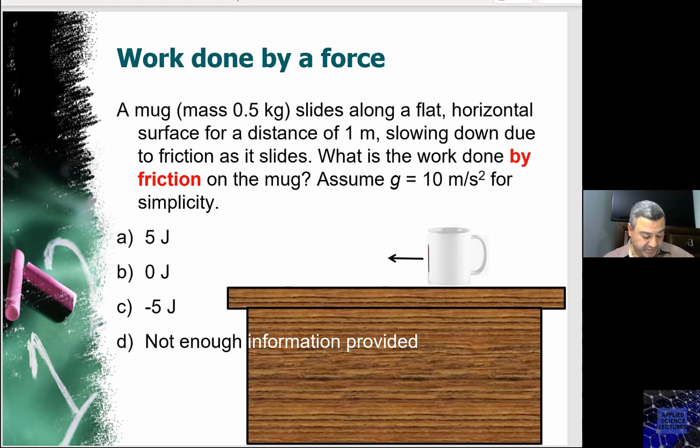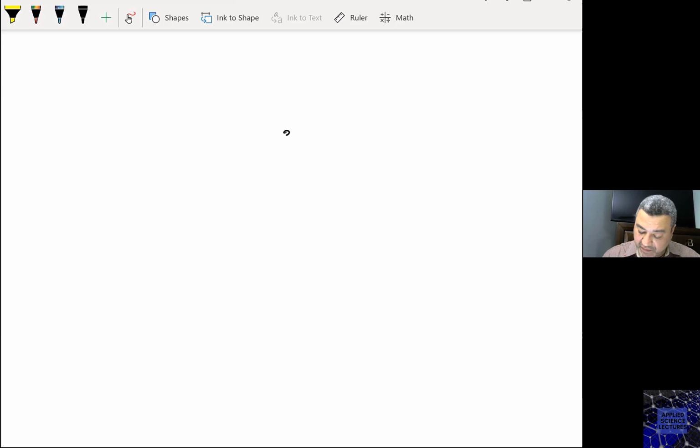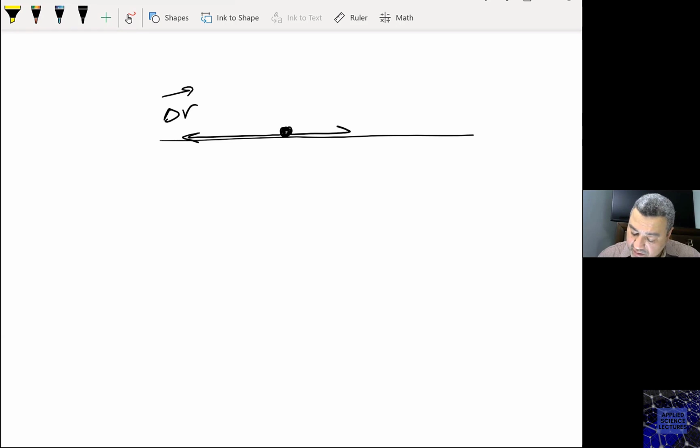Now, in this case, we have the mug that slides in this direction, delta R. However, the friction is in this direction. We have Fg, we have Fn.